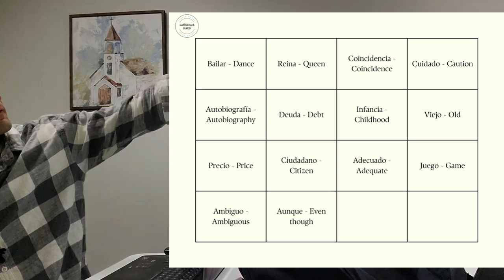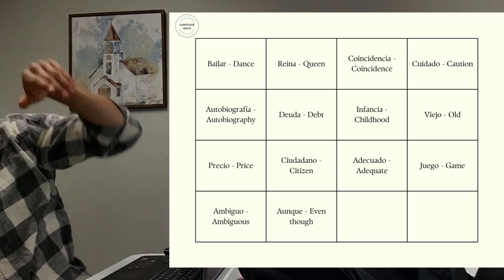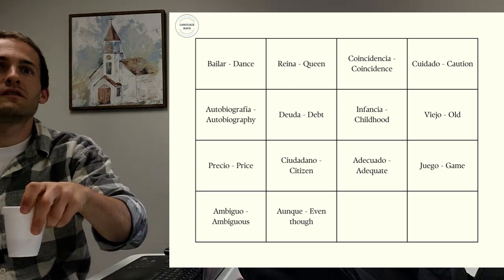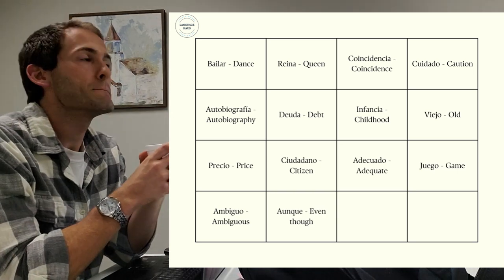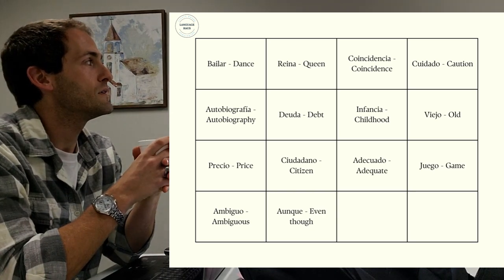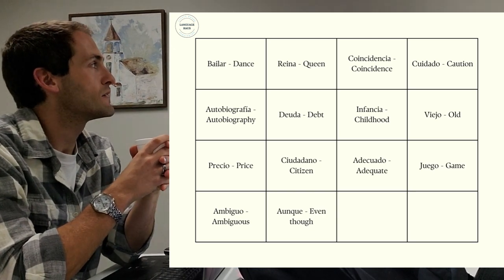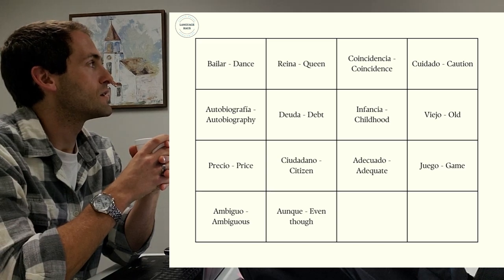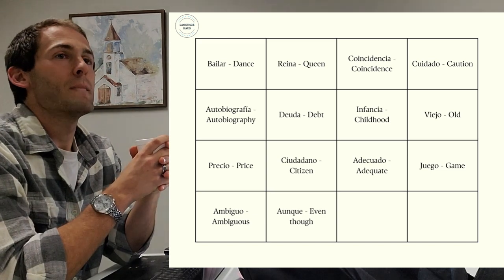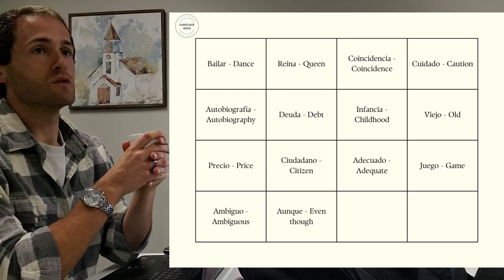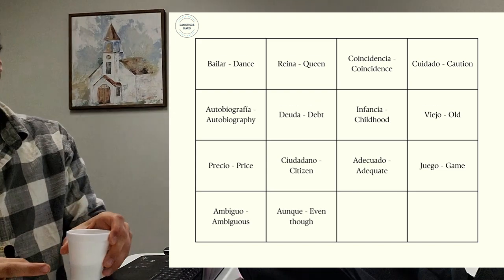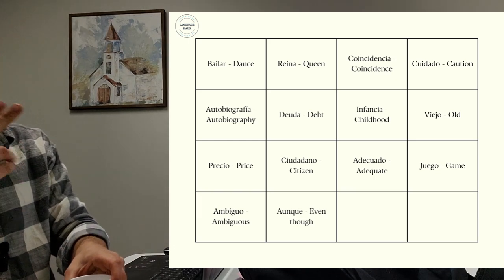Does anybody want to take the first row across the top? Sure. Bahía, reina, coincidencia, cuidado. Good. I say ciudad. No, cuidado. So caution and city, the UI are flipped.